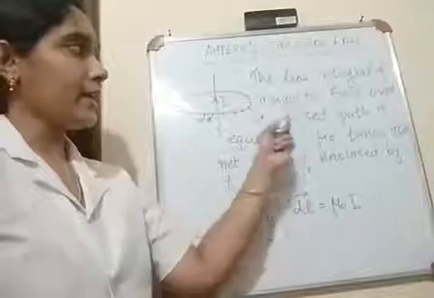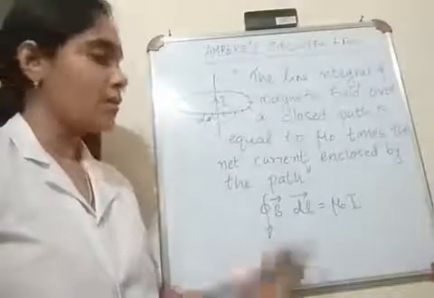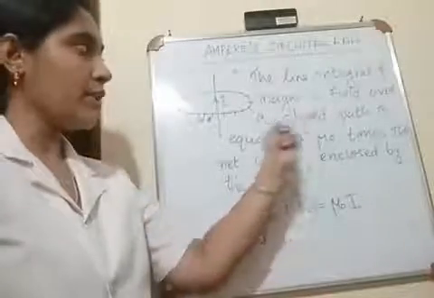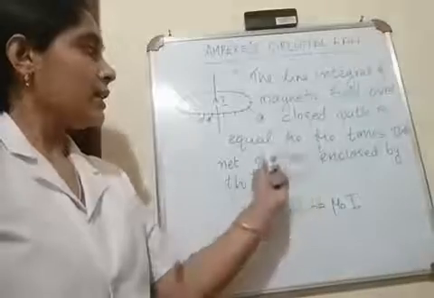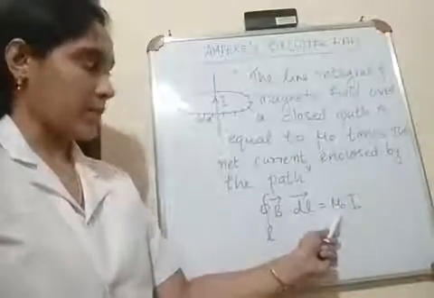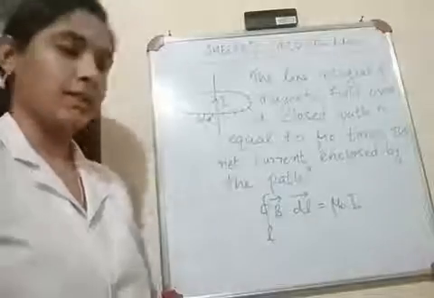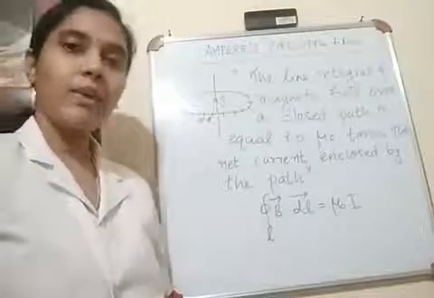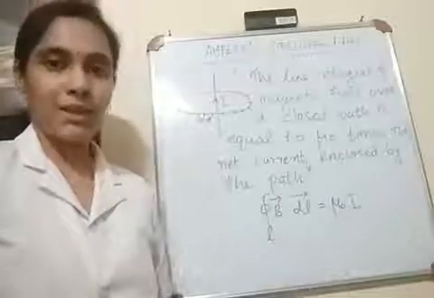The line integral of magnetic field over a closed path, that's why the closed symbol is here, is equal to mu0 times the net current enclosed by that path. Children, next we can discuss some of the applications of this Ampere's circuital law.